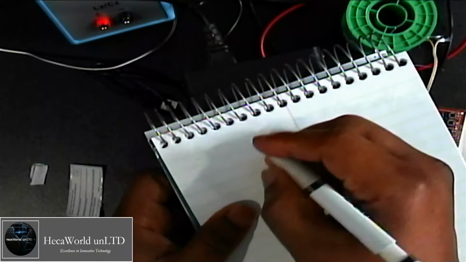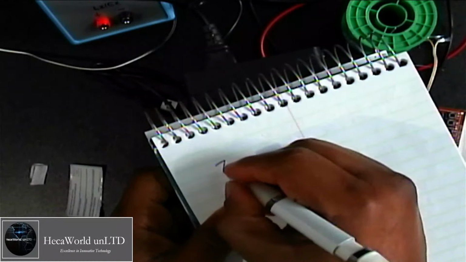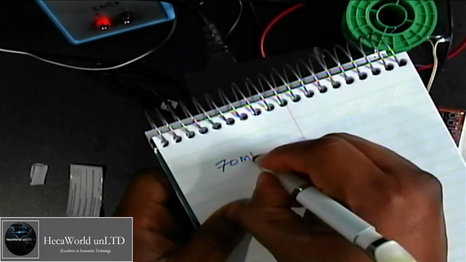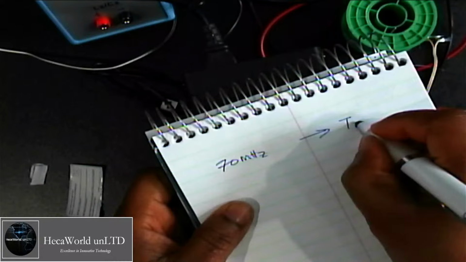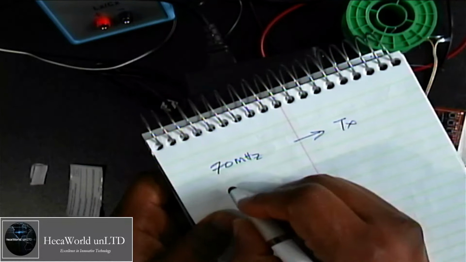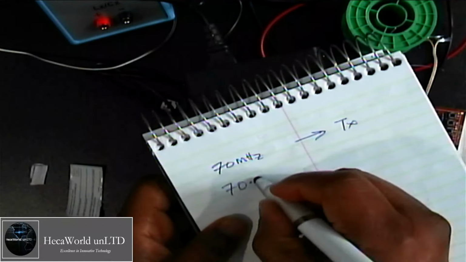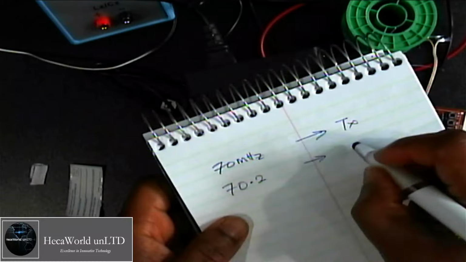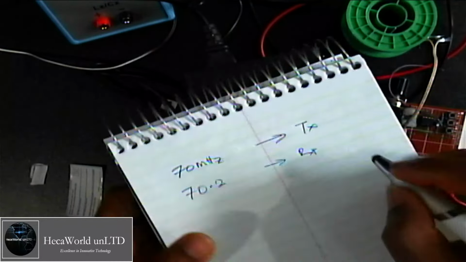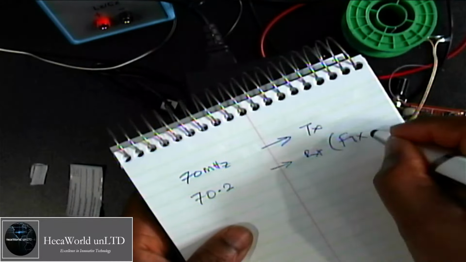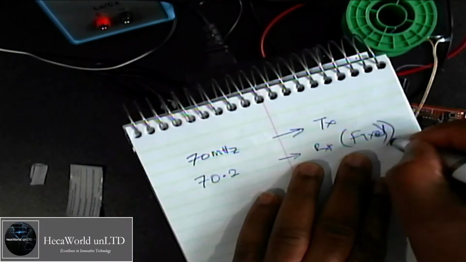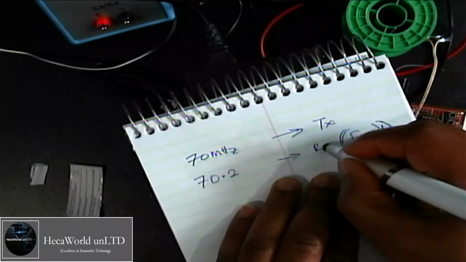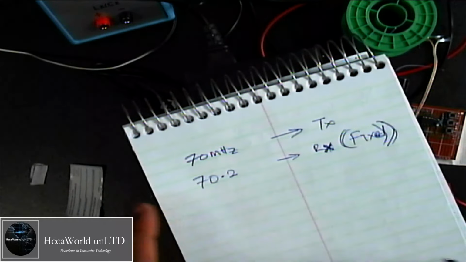So let me give you an example. Let's say you want to transmit on 70 megahertz, and so this is your transmit frequency. Your receiver is on 70.2. This is your receive frequency, but you want to fix that. Let's just say fixed. You want your receive frequency to be fixed, so people know where to find you all the time.